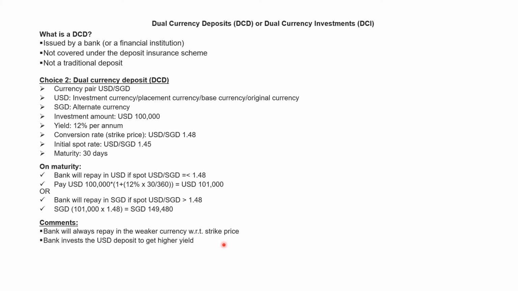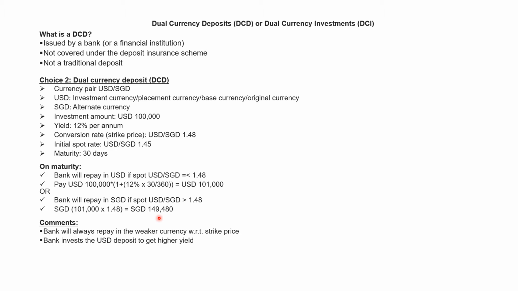Therefore, in all scenarios, the bank has only two choices on maturity. The bank has the choice to either pay $100,000 into 1 plus 12% into 30 by 360, which is equal to US dollars 101,000, or the bank can choose to pay Singapore dollar 101,000 into 1.48, which is equal to Singapore dollars 149,480.